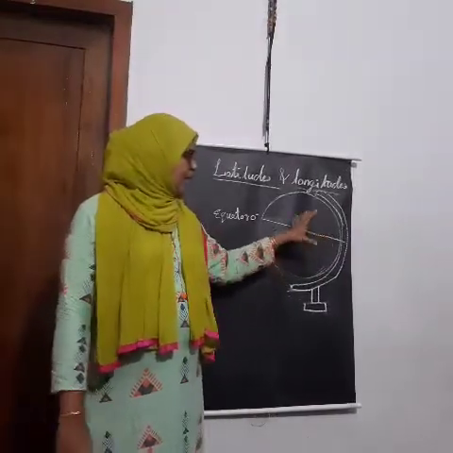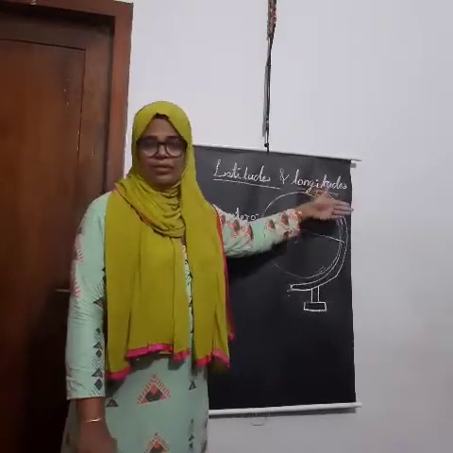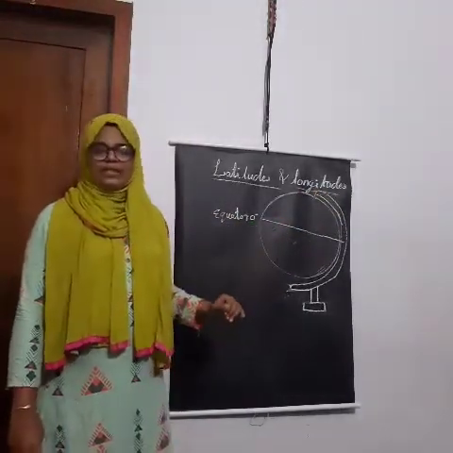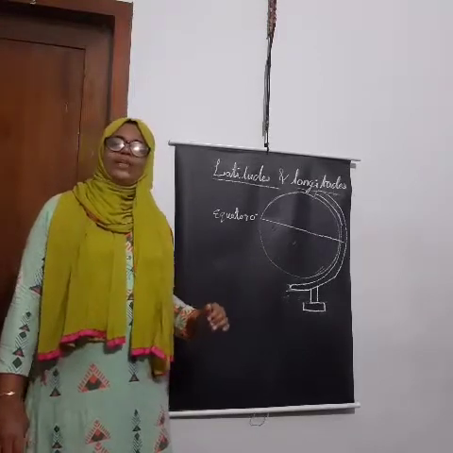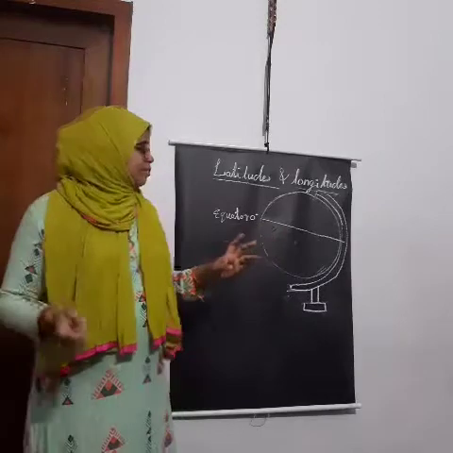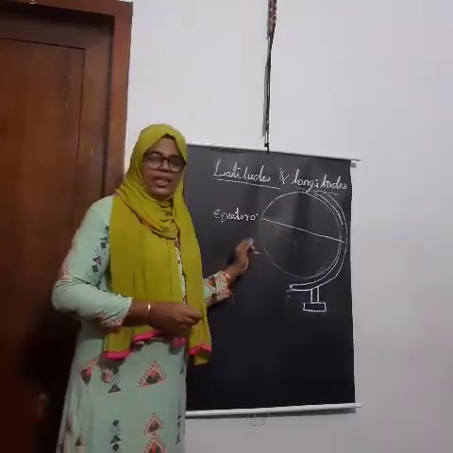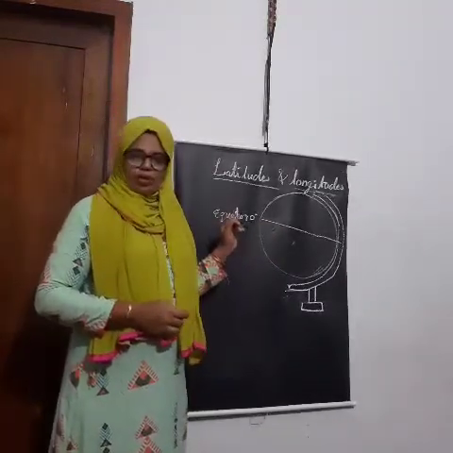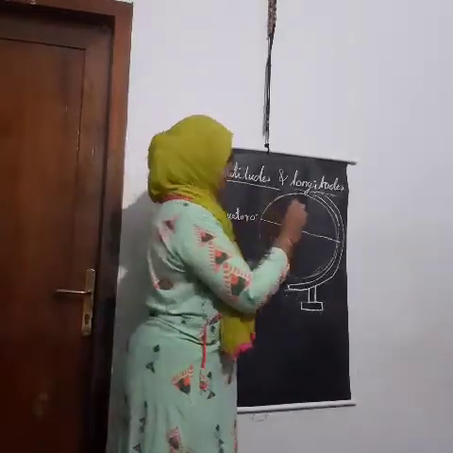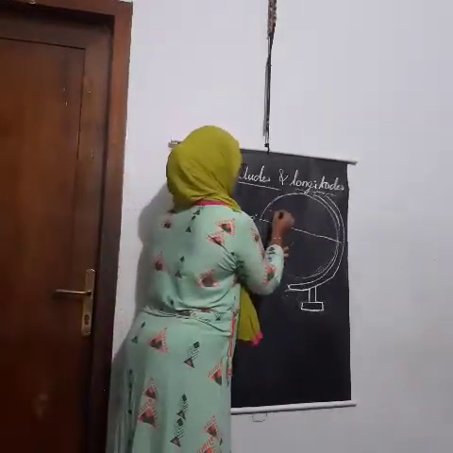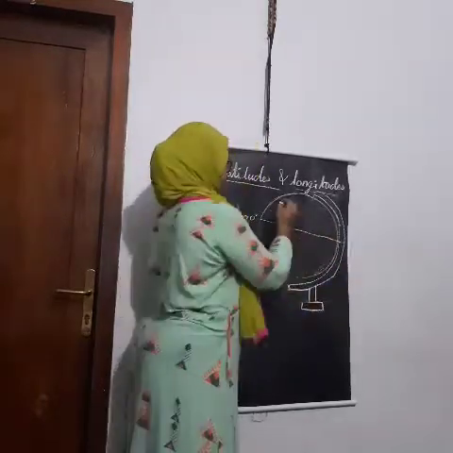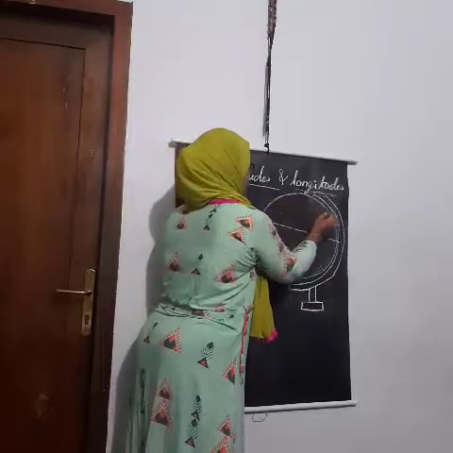According to this, either in the northern side or in the southern side, you could see many latitudes. All these are parallels of latitude. The main latitude is the equator with 0 degree, and on the north part there are other latitudes also. Here is one latitude. Here is another latitude.